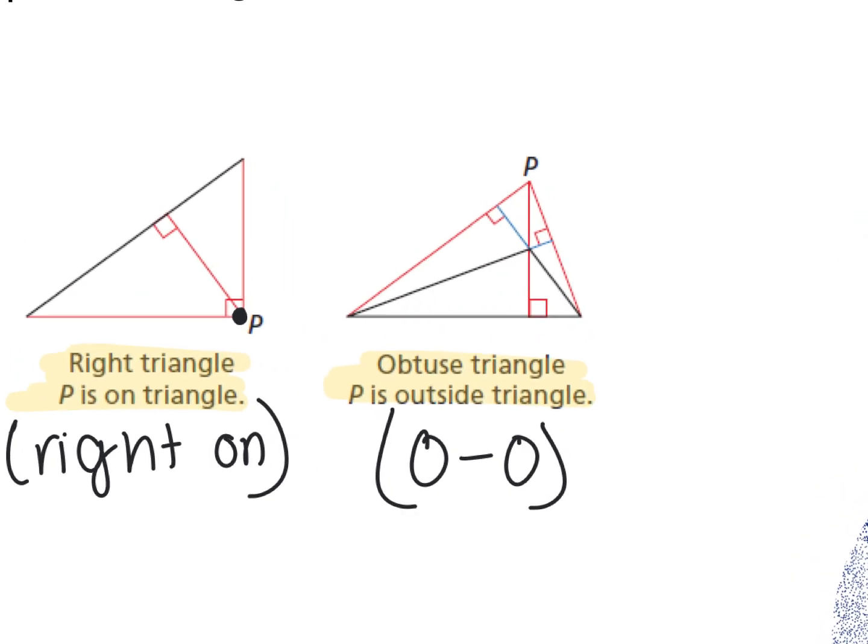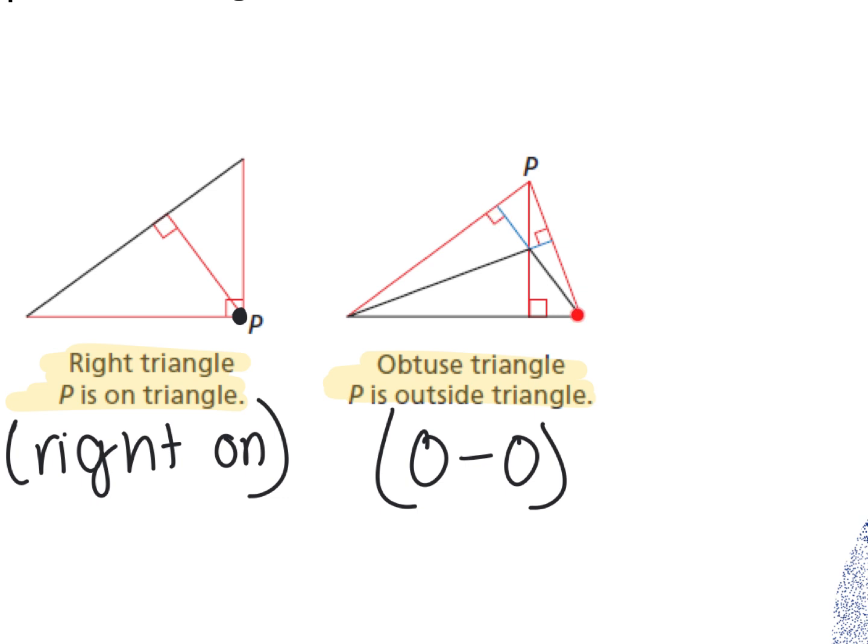So some students are like, why is it outside? If I were to draw all of these within this triangle, it can't work. It has to be a straight perpendicular line. So this line has to be perpendicular. If I drew this inside my triangle, there's no way that it's going to be perpendicular. So I need to continue this line where it is going to make a 90-degree angle.